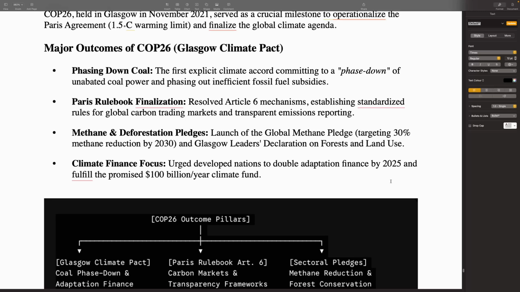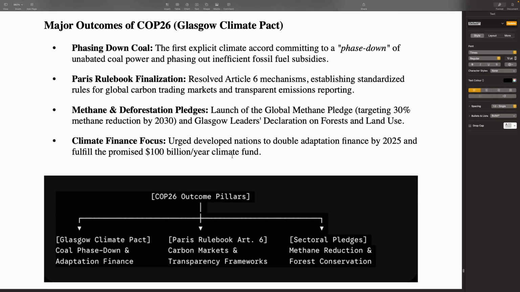Methane and deforestation pledges. Launch of Global Methane Pledge targeting 30% methane reduction by 2030 and Glasgow Leaders Declaration on Forest and Land Use. Climate finance focus urged developed nations to double adaptation finance by 2025 and fulfill the promised $100 billion per year climate fund, although they are not giving a single penny.